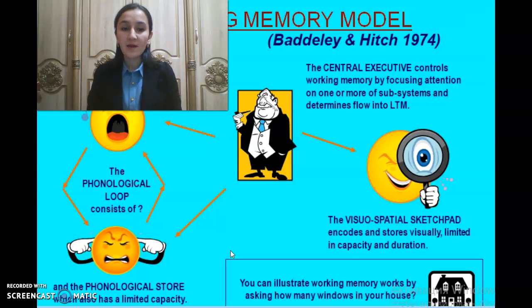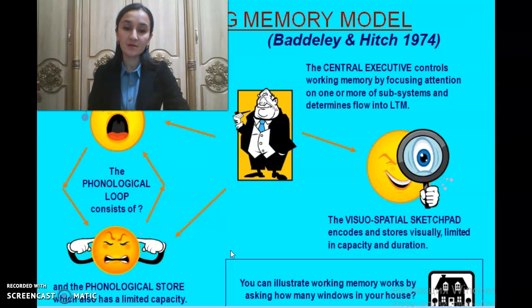If we turn back to the central executive, it controls working memory, focusing attention on one or more subsystems and determining the flow into our long-term memory. So the central executive is the handy thing for our long-term memory.